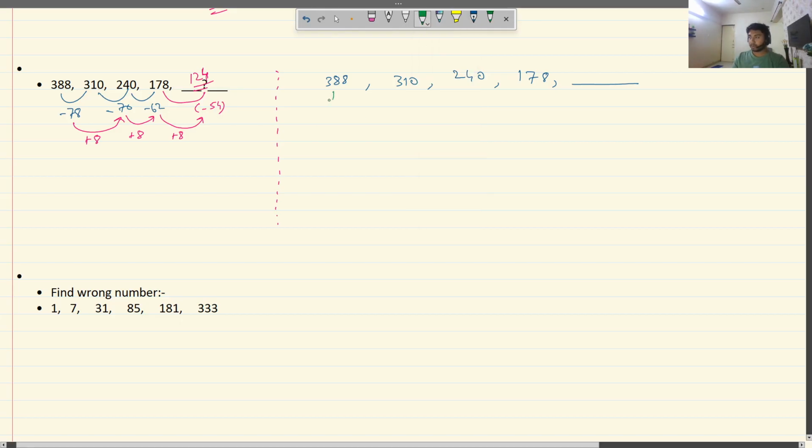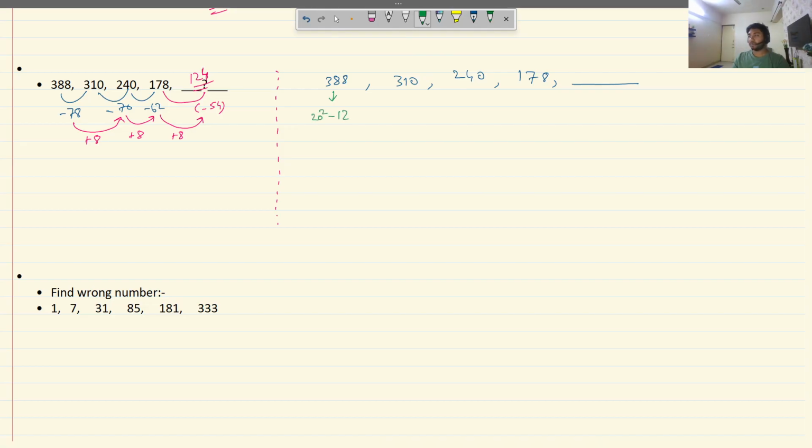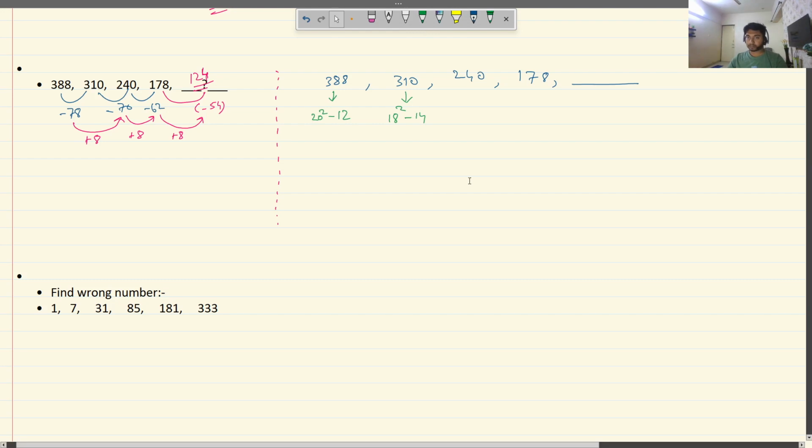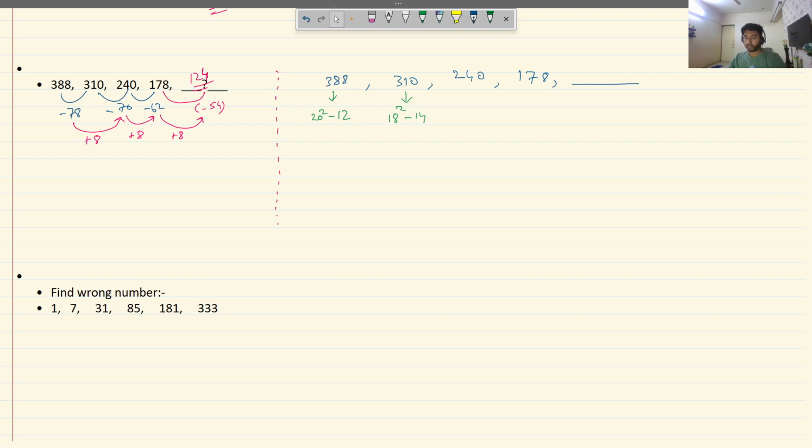388 can also be written as 20 square minus 12. 20 square is 400, minus 12 gives 388. 310 is 18 square minus 14. Check if that is correct or not.